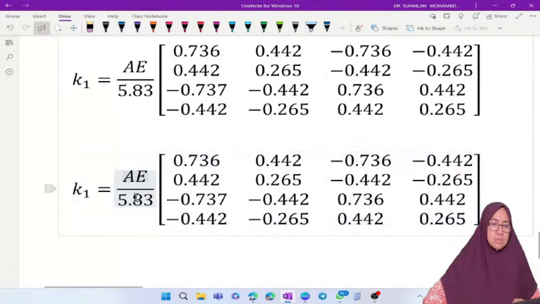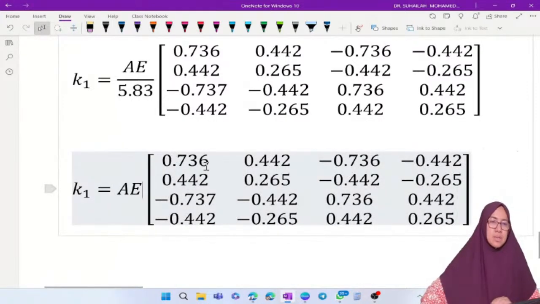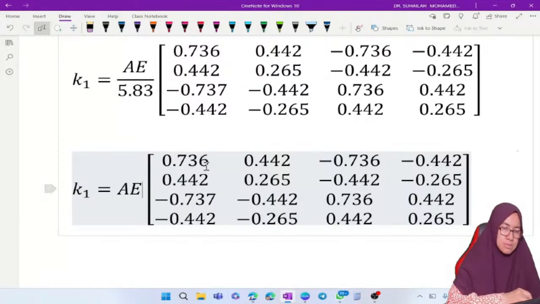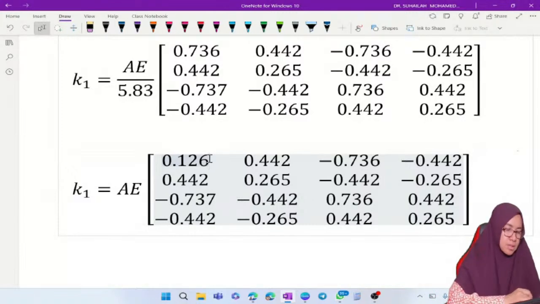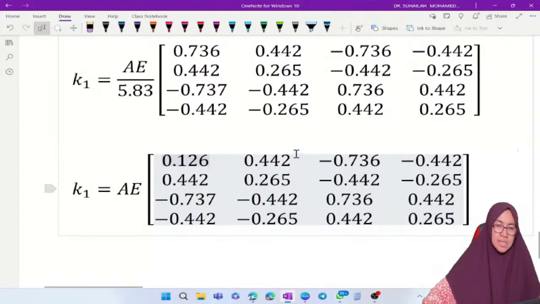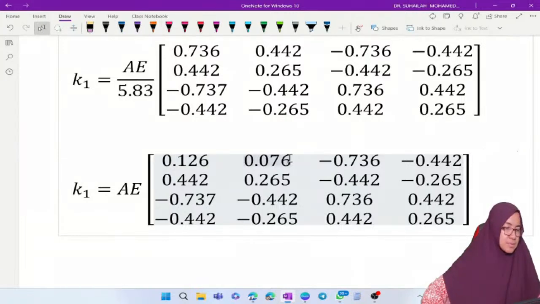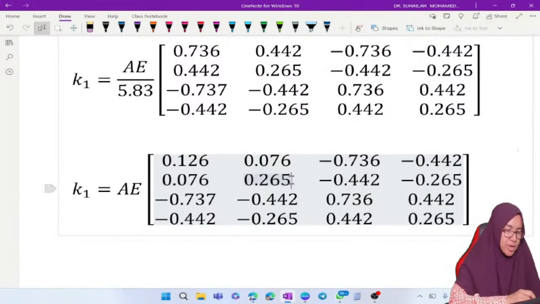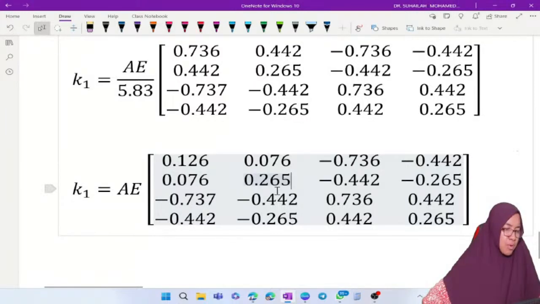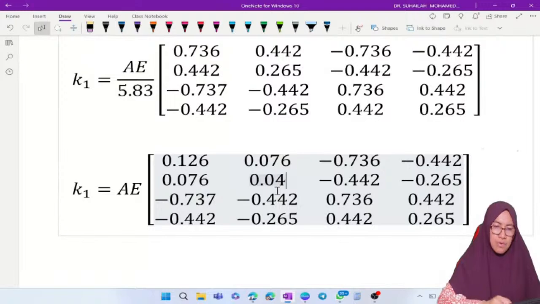So 0.736 divided by 5.83, we get 0.126. 0.442 divided by 5.83 is 0.076. And 0.265 divided by 5.83 is 0.045.